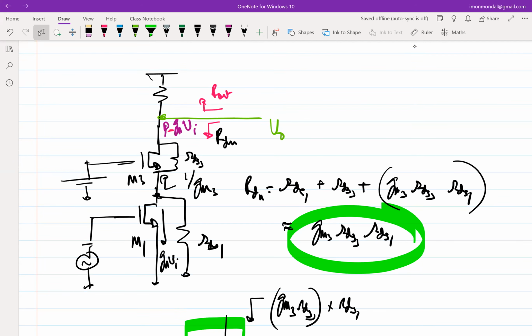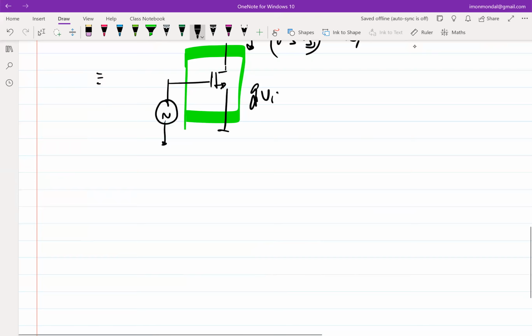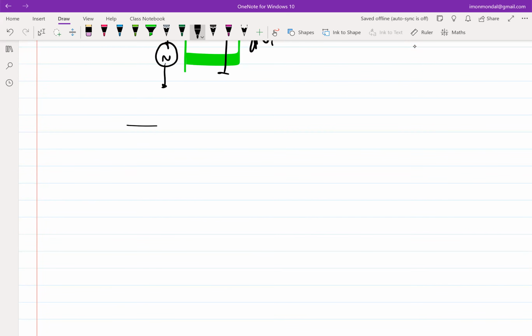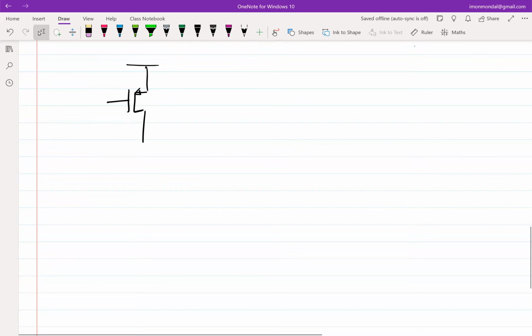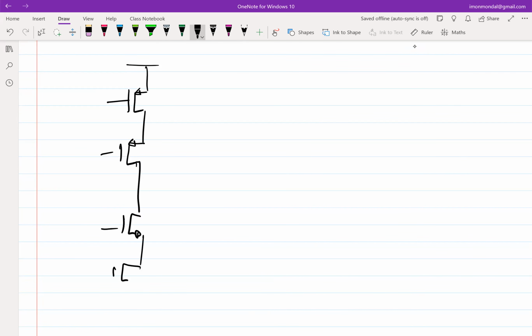So just like you can do a cascode on the NMOS side, you can also do a cascode on the PMOS side, right? So you can have structures like this.